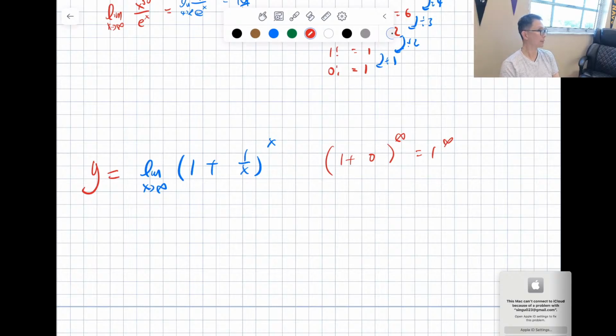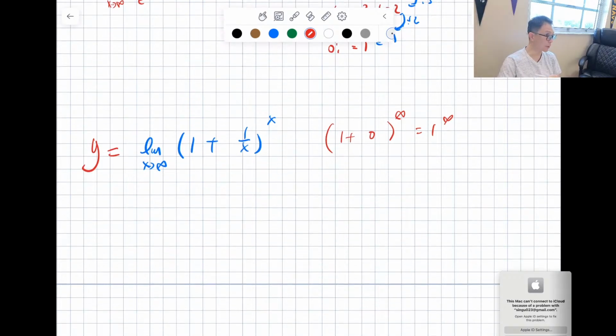Natural log both sides. Stefano and Emilia were both on the track. He was talking about an ln or e, but it's actually ln. So I can take ln of y, right? Limit as x approaching infinity of x ln of (1 plus 1 over x).